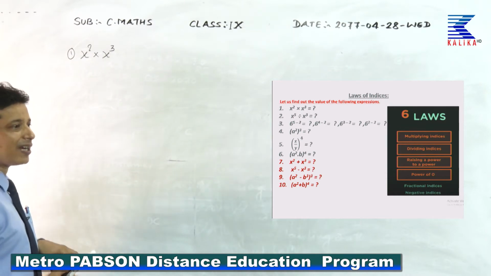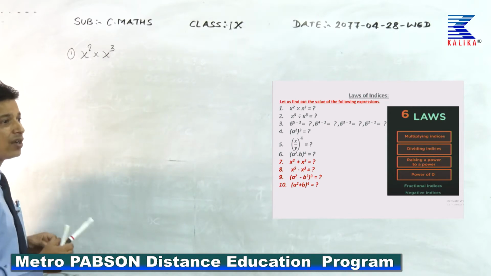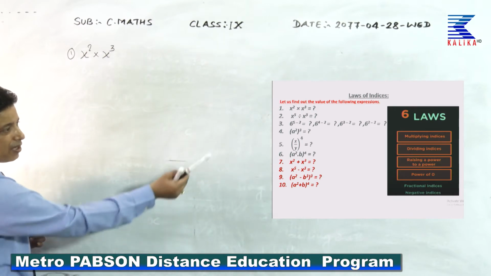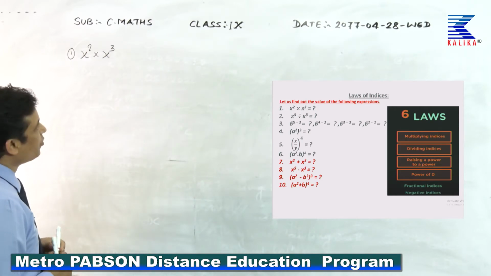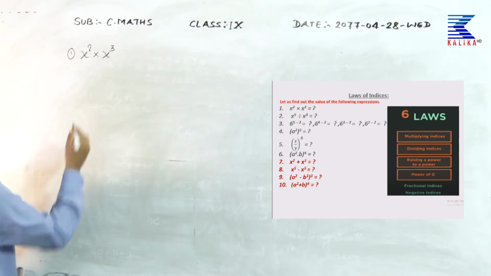These are formed with the help of the first 4 laws, given in red color out of the 6 laws, which are important.